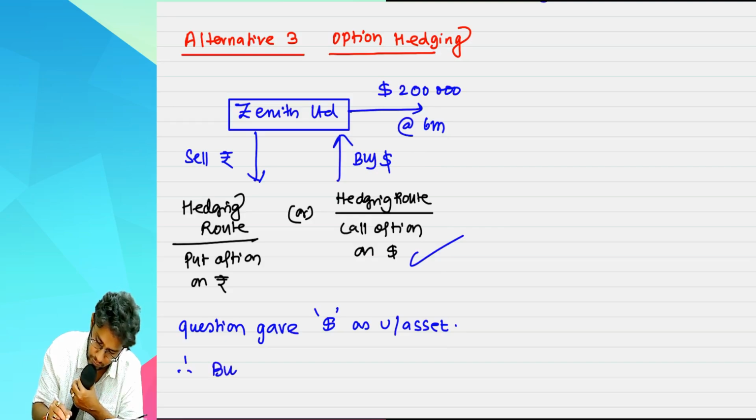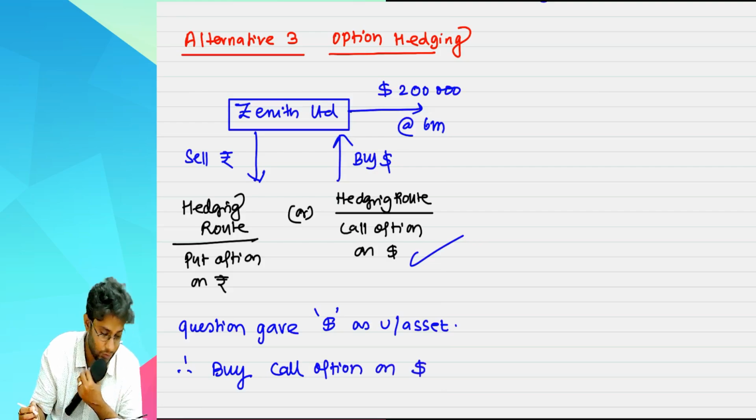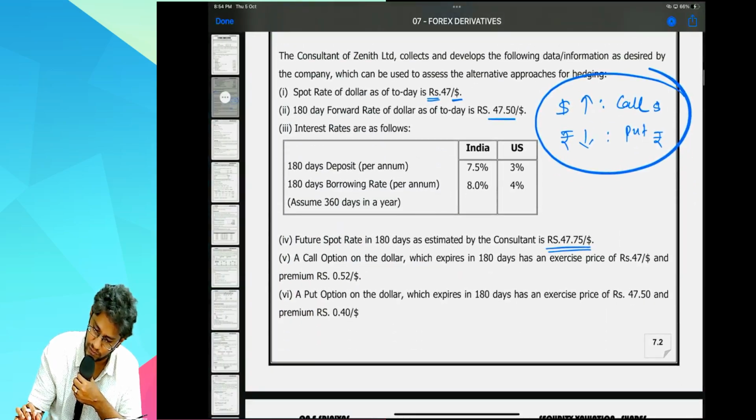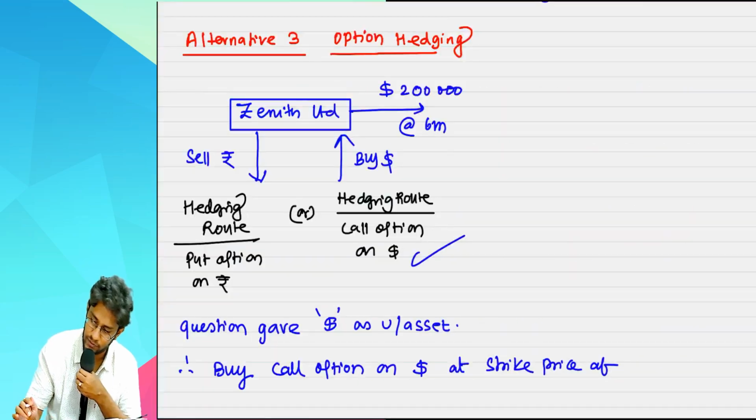Therefore, buy call option on dollar at strike price of, what is the strike rate? 47.